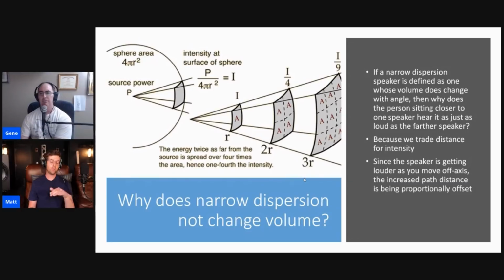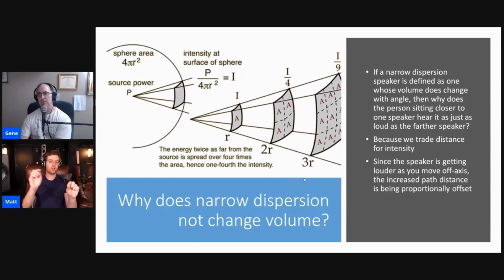Yeah, and I think a lot of people think of narrow dispersion as having these kind of pointy responses, where the shape of it becomes more and more sloped. A good narrow dispersion speaker doesn't do that. The response always remains flat. It just gets quieter. If you look at that JTR and its response, you'll see there is an angle area between 500 hertz and around 800 hertz.